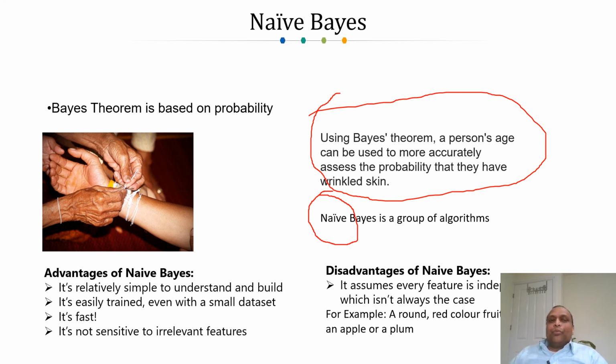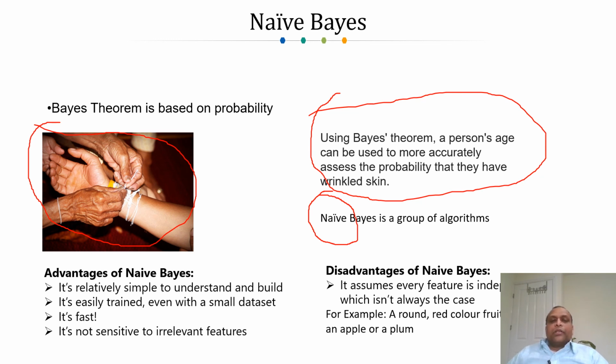So in this particular example, I'm assuming that a person having wrinkled skin is an older person, and the person having smoother skin is a younger person. It is a very innocent assumption. Most of the times it is correct. But having said that, it may not be correct at all.